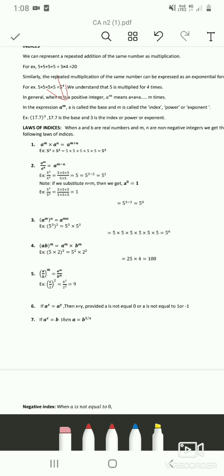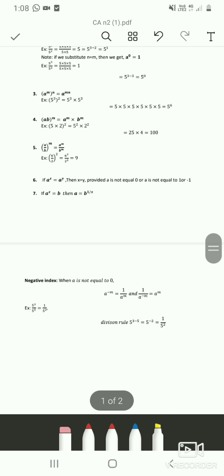The seventh law is, if a power x equal to b, then a equal to b power 1 by x. And we have seen what is negative index, that is, if a is not equal to 0, a power minus m can be written as 1 upon a power m. Similarly, 1 upon a power minus m can be written as a power m.